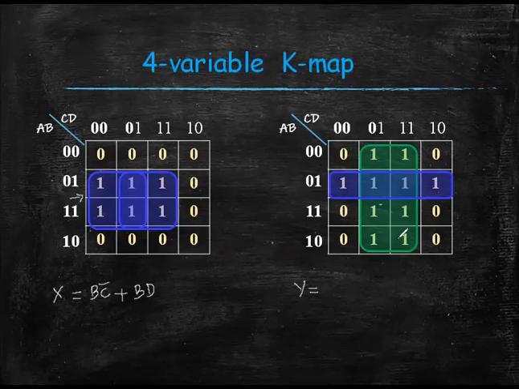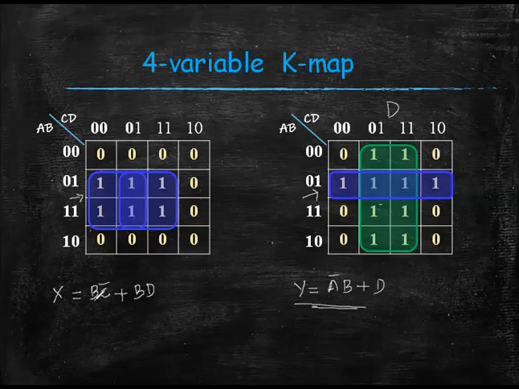Then here only one octet and one quad. This octet gives only a D, and this quad gives A bar B. Then the result is A bar B or D. It is the result.